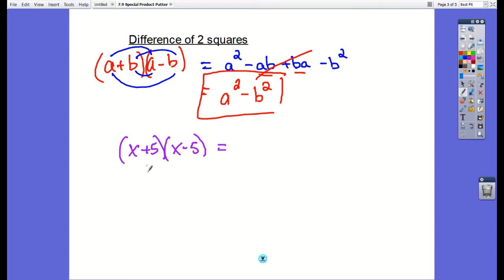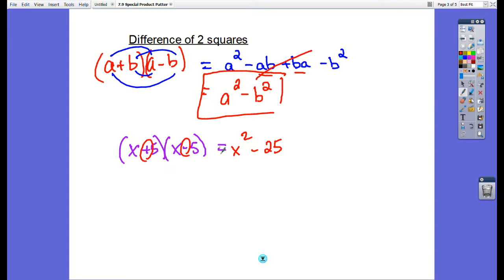If you notice, you have the same binomial, the only difference is the operation. Then you just go right to it: you square what is in the first place, put a subtraction sign, square what's in the other spot, and you're done. x squared minus 25. Right? This only works if you have the same binomial with an opposite operation.